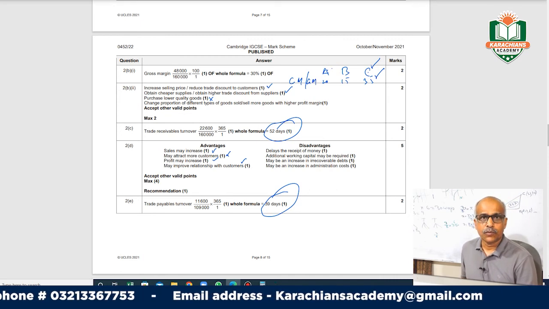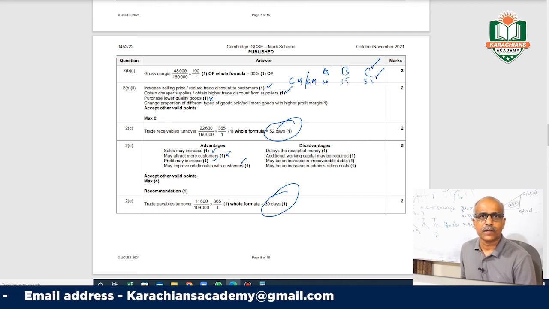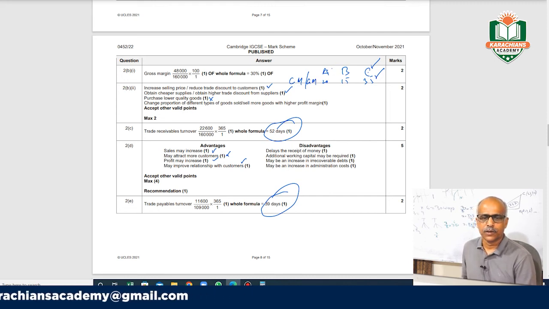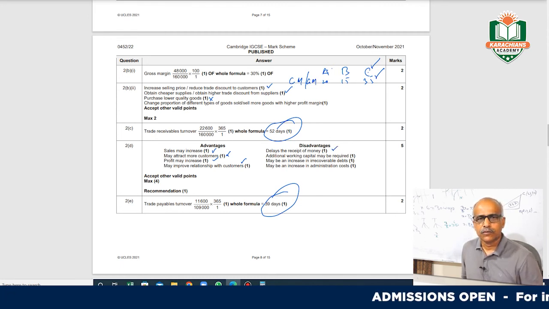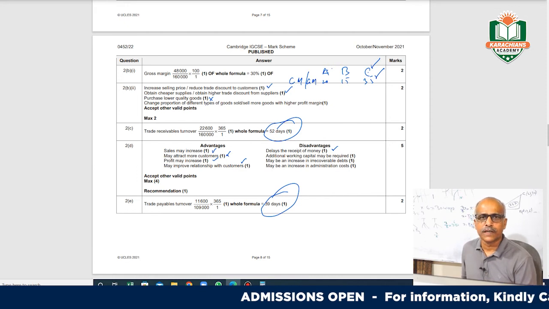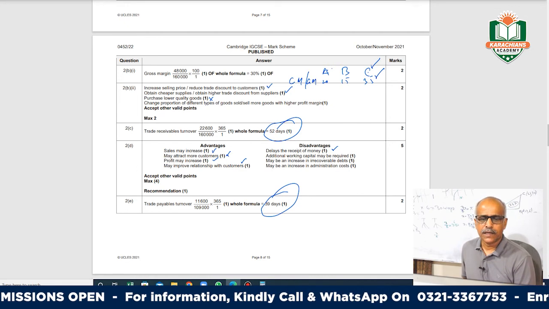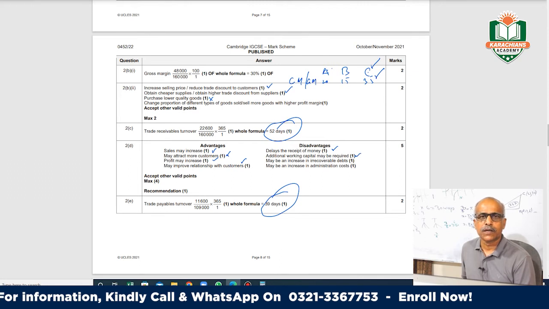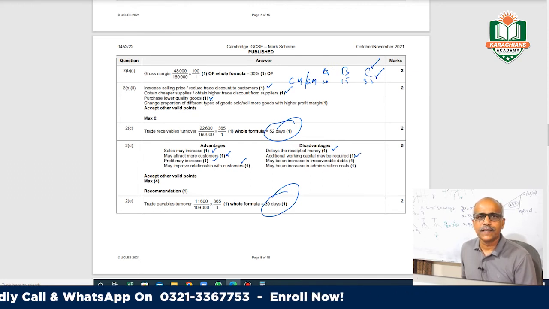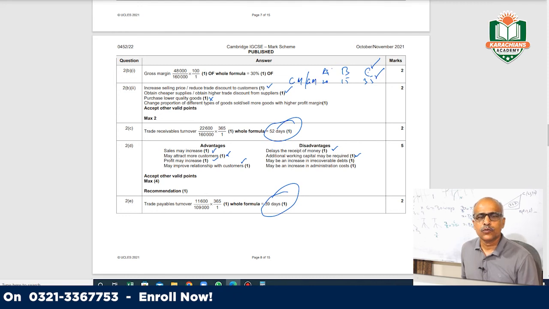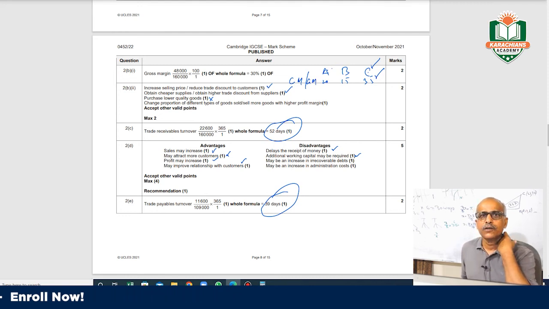But what will be the disadvantages that I have explained to you? It delays the receipt of the money. After 52 days, you will be getting your money 14 days later. Additional working capital would be required because when your money is stuck in receivables, you will be needing money to run your operation.